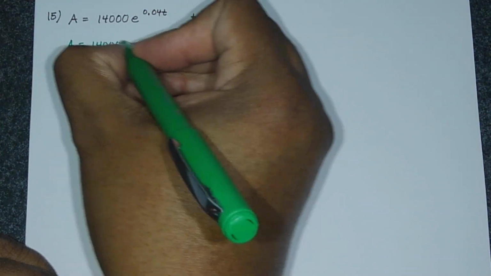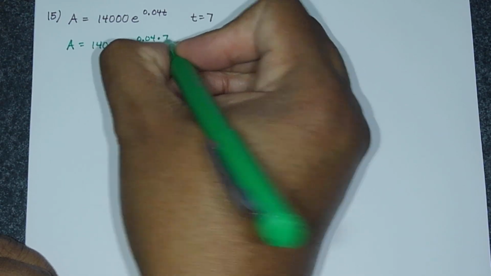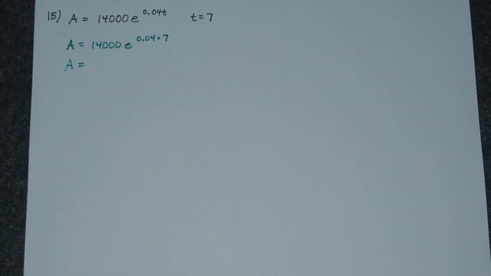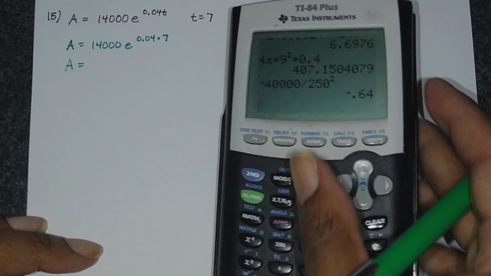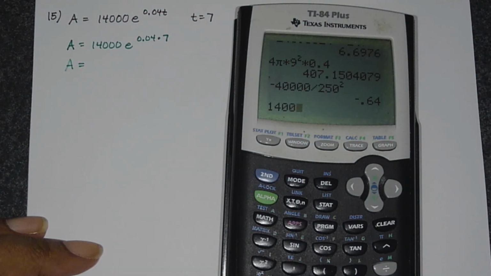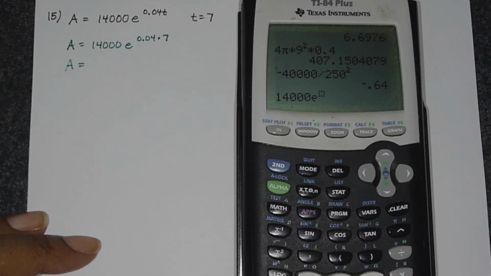So it'd be 14,000 times e to the 0.04 times 7. So A then would be equal to 14,000, and for the e, you do second ln for the e, and then 0.04 times 7.